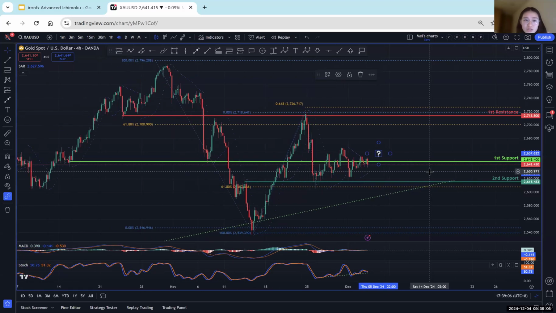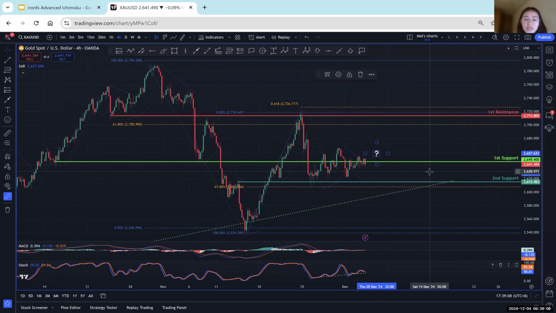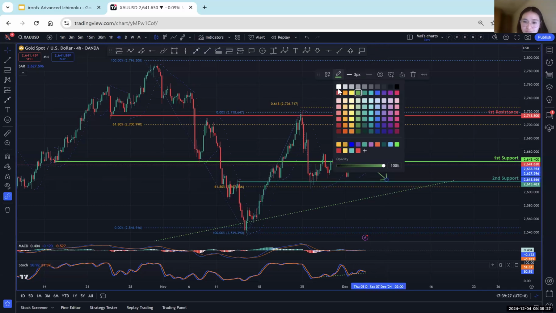One way of looking at it is comparing our gold to DXY. Since DXY, we saw earlier, was moving in an uptrend, we can expect gold to move in the opposite direction since they are typically inversely related. So here we might see prices continue to drop out of below this first support.